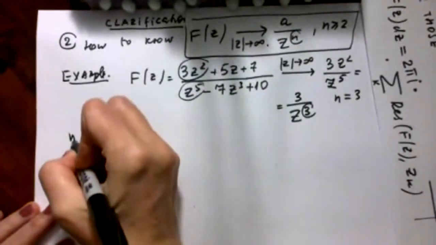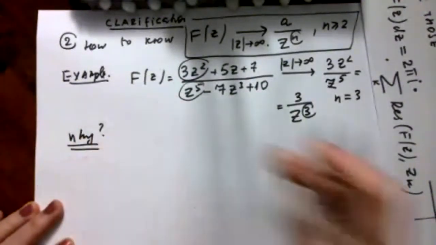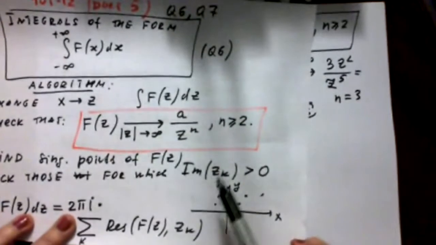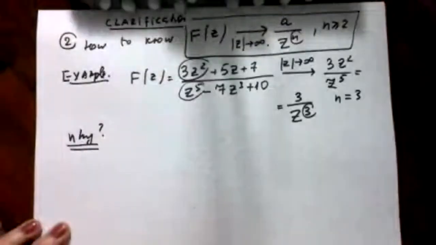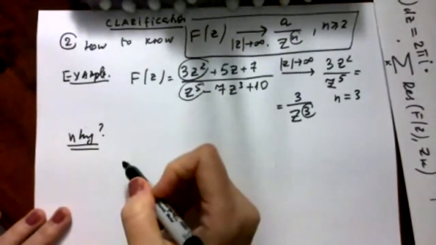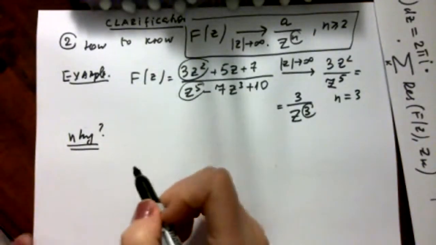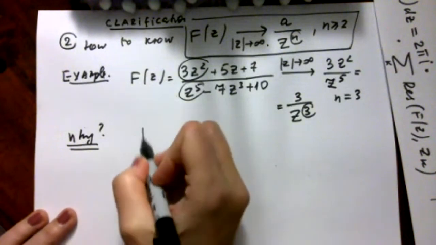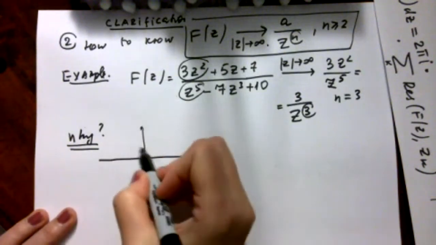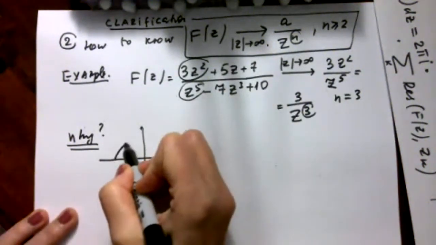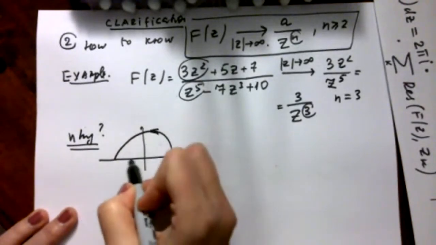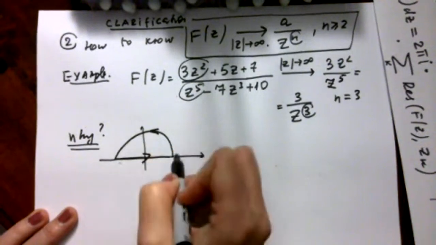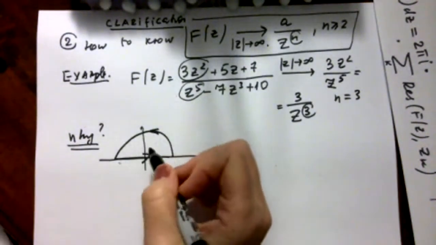It's the question rather of why we can do this at all. Why is this algorithm true? Why are we interested only in the region of the plane which is above the x-axis? It turns out that such is the layout of the theorem. It was proved in this theorem. If you take a contour like this, which consists of the half of the circle and the segment of the axis line, it will be a closed contour.